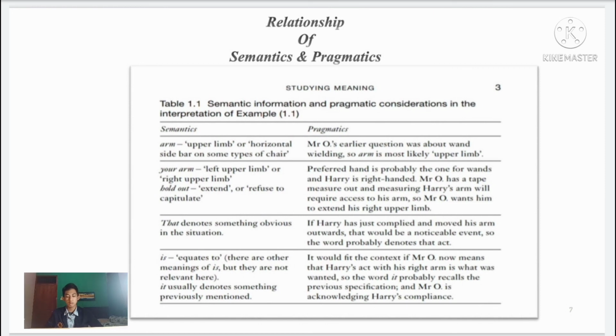So that's all the explanation that I can give to you from the concept, branches, relationship, and also the conclusion of the first part of semantics and pragmatics. And the next explanation will be explained by the second presenter that presents the types of meaning.